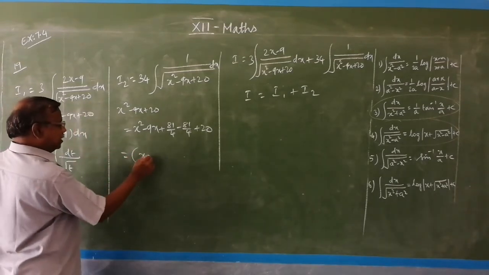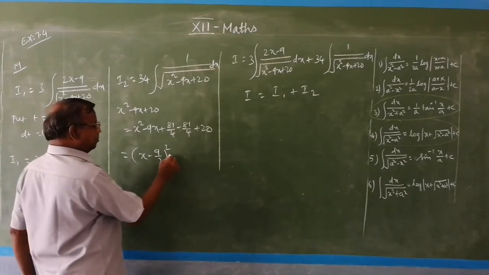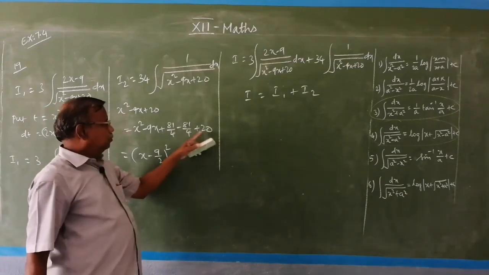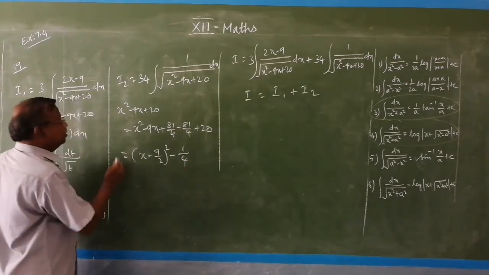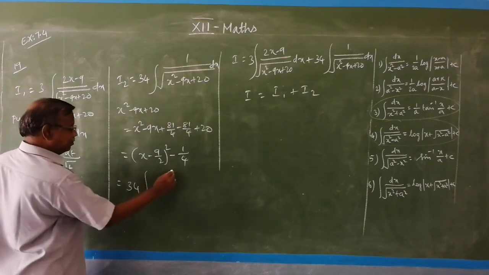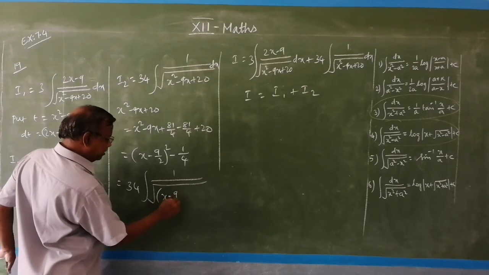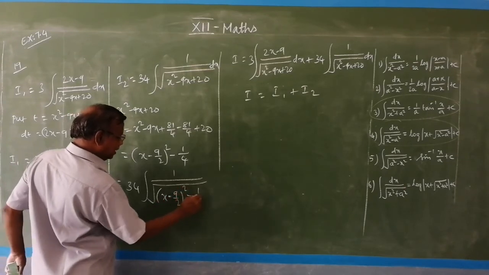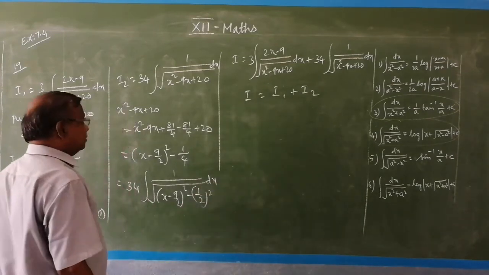So, this is (x minus 9 by 2) the whole square, and minus, 4 times 20 is 80, 80 minus 81, minus 1 by 4. So, this is equal to 34 into integral of 1 by root of (x minus 9 by 2) the whole square minus (1 by 2) the whole square into dx.